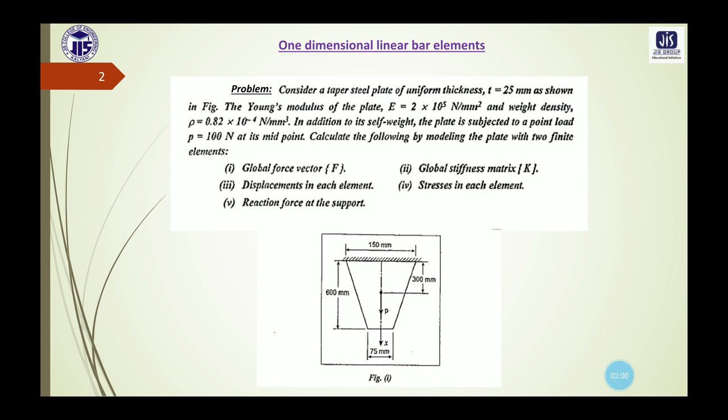So the first numerical states that we need to consider a paper steel plate of uniform thickness 25 mm, which is shown in the diagram.